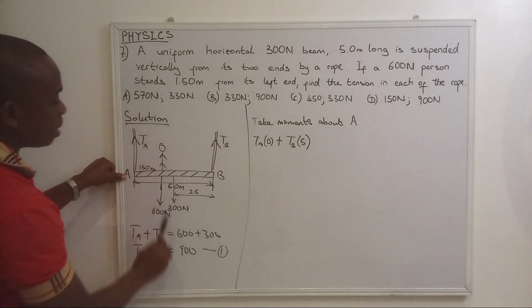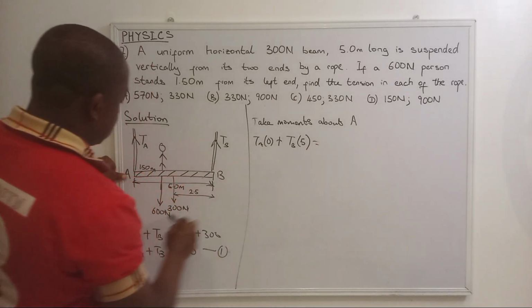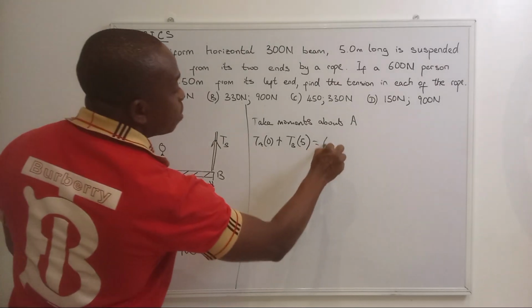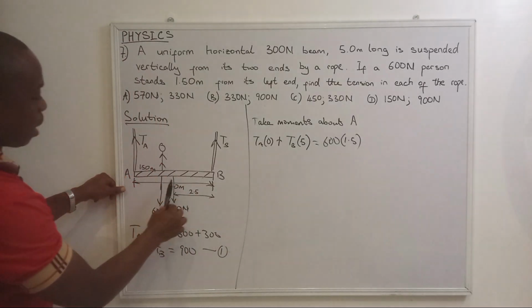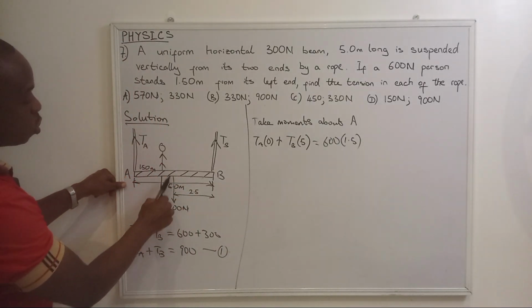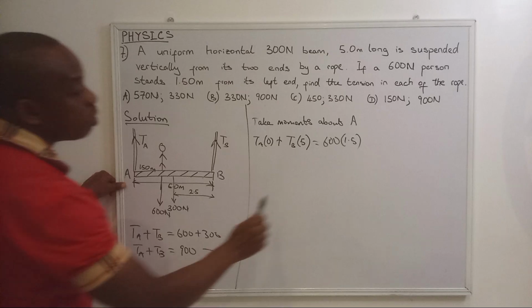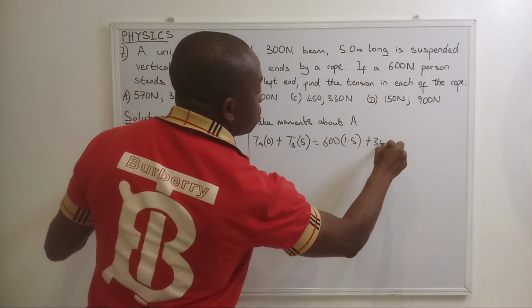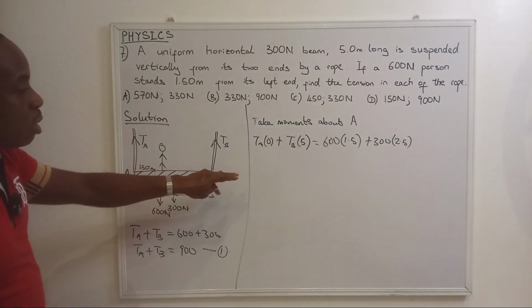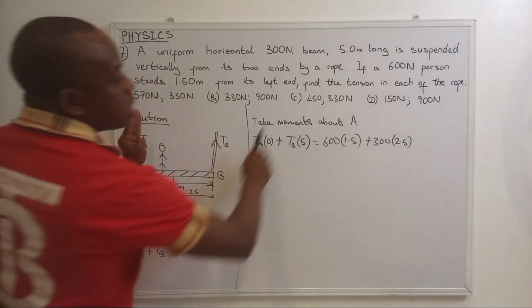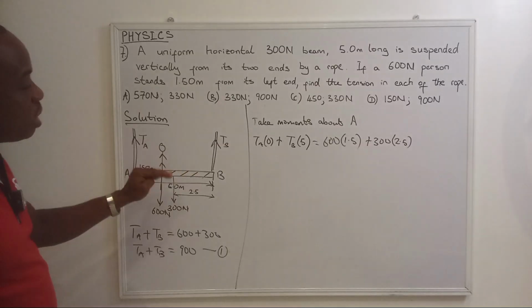This person standing here, his moment will be 600 times 1.5. And the moment from the weight of the beam is 300 times 2.5. So basically this equation says anti-clockwise moments equal clockwise moments. That's for a body in equilibrium.